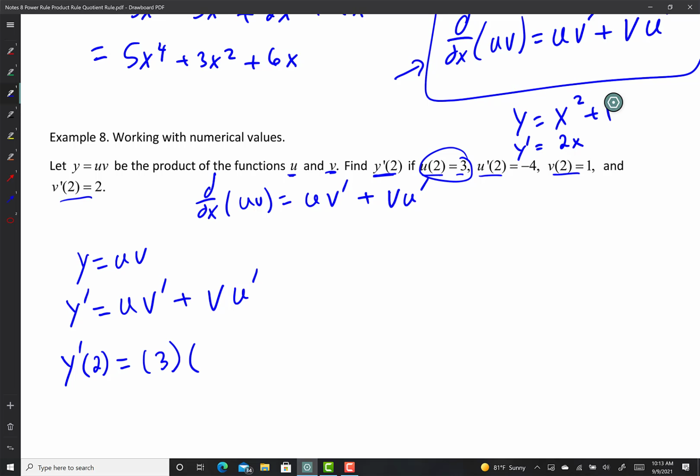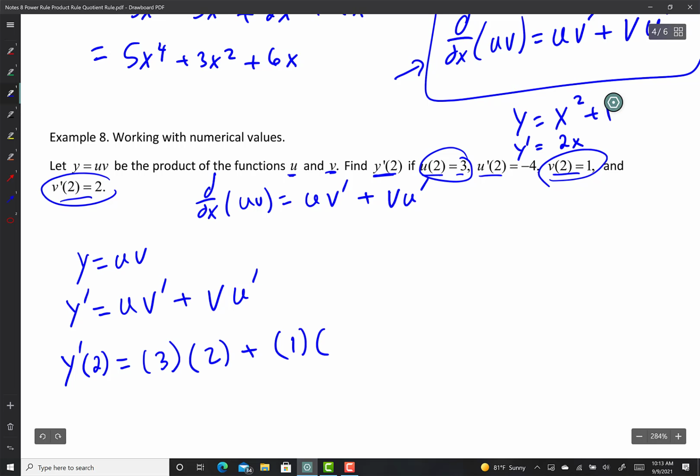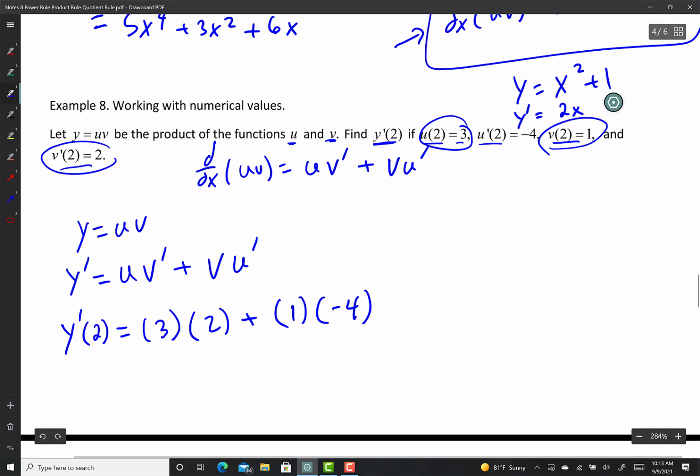What is v prime at 2? 2 plus v at 2. What's v at 2? 1 times u prime at 2. What's u prime at 2? There it is. That's all you're doing. So what is that? 6 minus 4. So 2. So y prime of 2 is equal to 2.